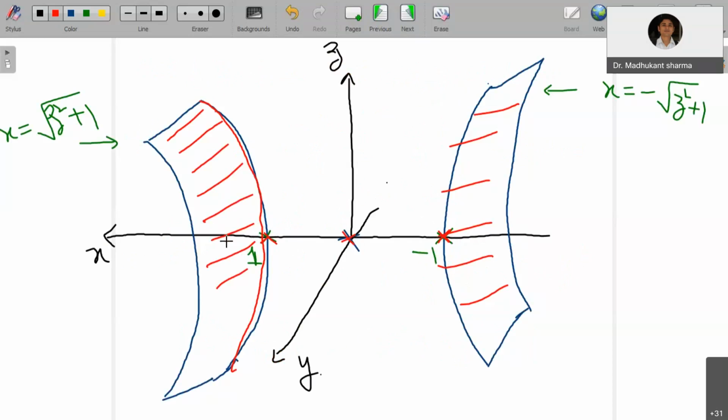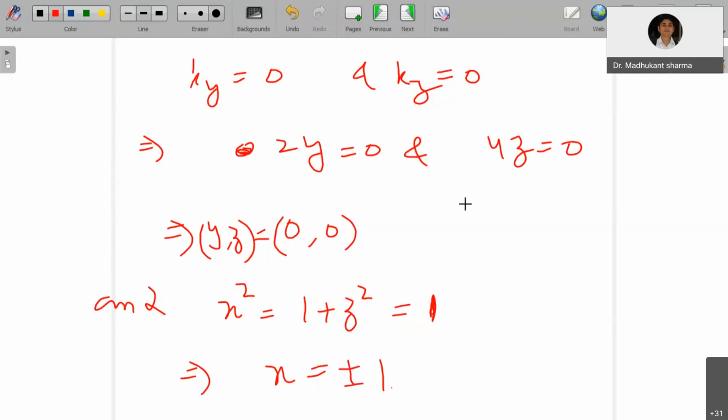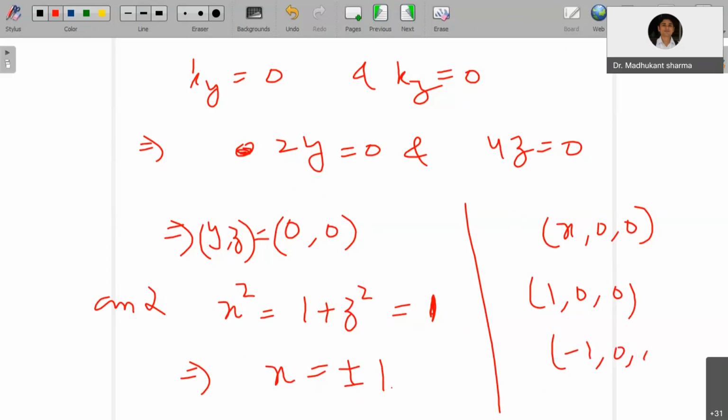So y comma z equals 0 and x square equals 1 plus z square, which equals 1. This implies x equals plus minus 1. So the only possible points are of the form x comma 0 comma 0, that is 1 comma 0 comma 0 and minus 1 comma 0 comma 0.